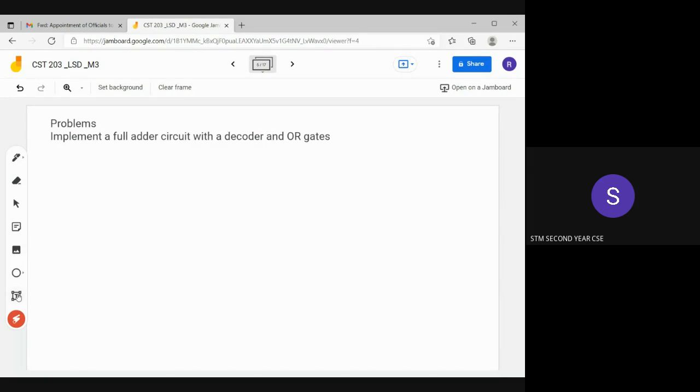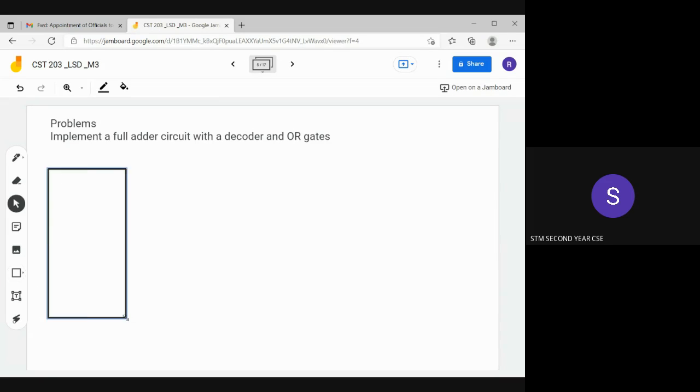What is the full adder truth table? Full adder truth table. Okay.